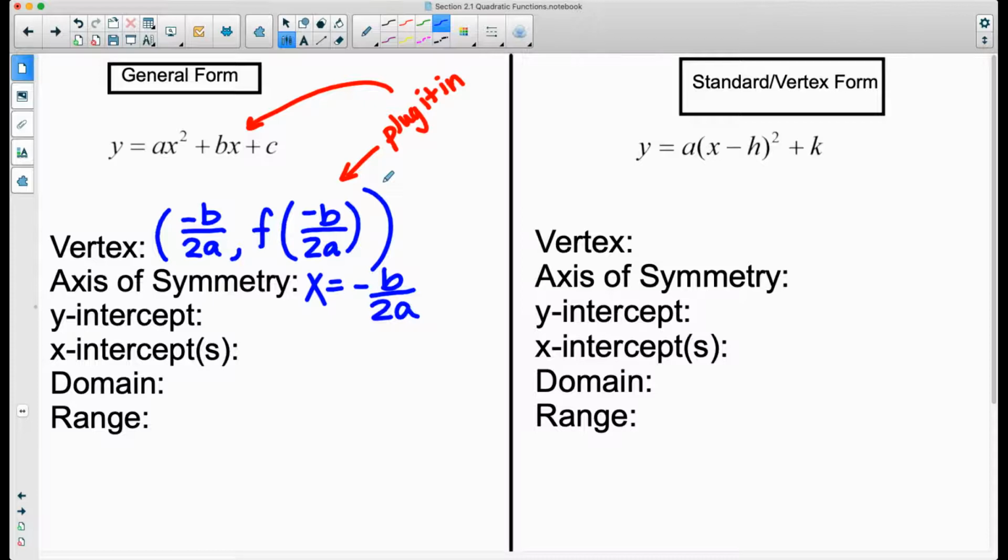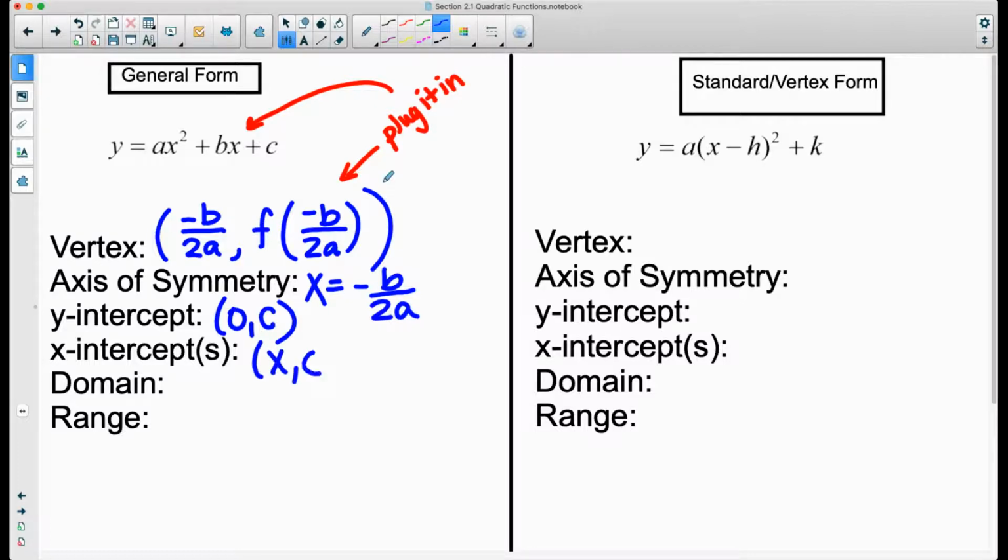So our y-intercept, that's where it crosses our y-axis. So what would that be in this kind of form? The C value. So again, we'll just write that as 0, C. Our x-intercepts will come from either factoring, quadratic formula, or graphing, or anything of those natures.